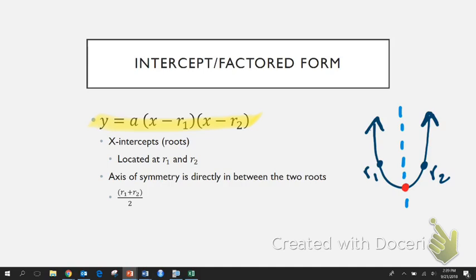So the axis of symmetry would be at the x value between R1 and R2. Again, this is the notes slide. We have examples in a minute, so just make sure this is written down so we can use it in class.